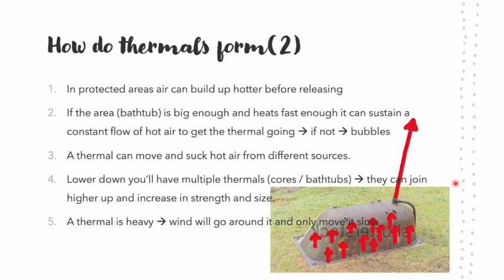If there are more bathtubs and more sources downwind from the thermal, there's a good chance that thermal will go on the move and slowly move across the land, sucking up hot air from different sources.